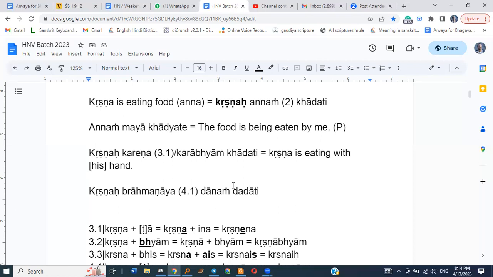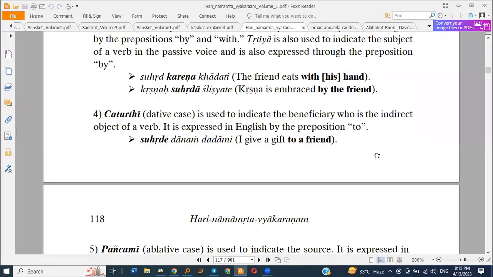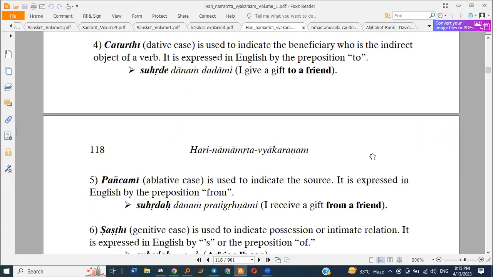If I say Krishnaya Namaha, so obeisance is unto Krishna. So Krishna becomes the beneficiary, the recipient of our oblations, of our prayers, of our prostrations and so on. So the fourth case is used for the beneficiary.